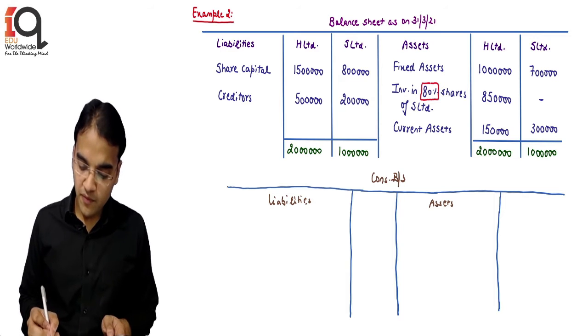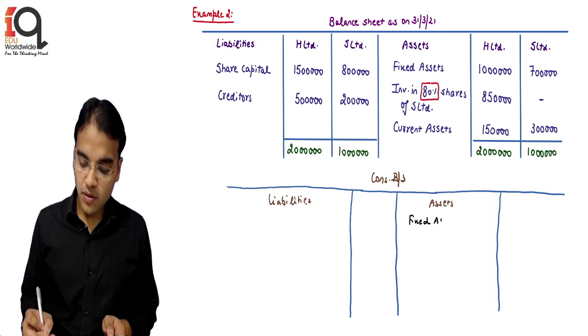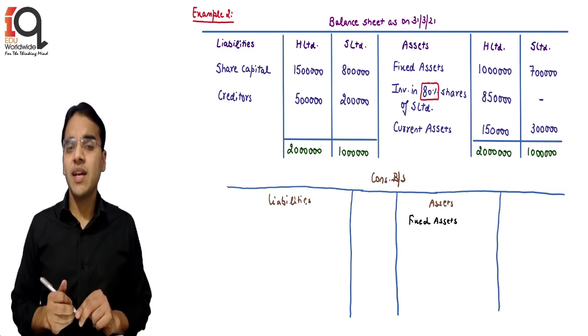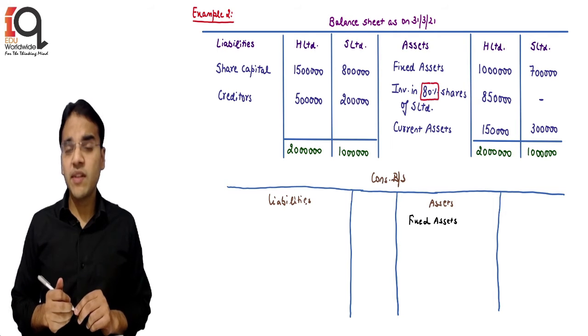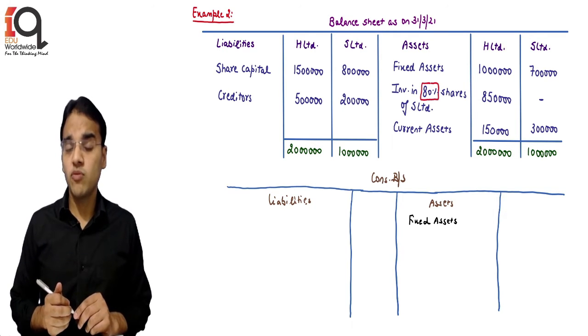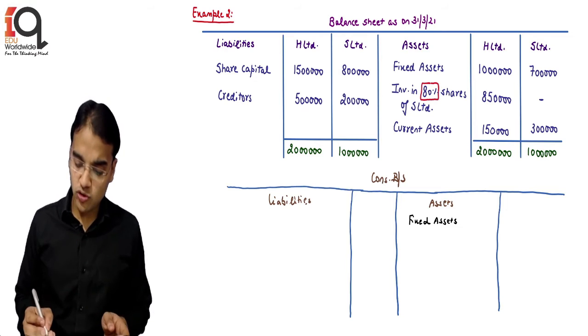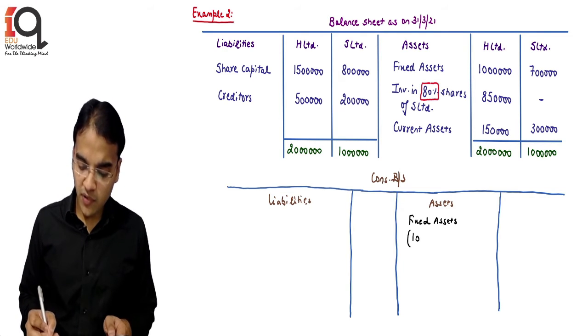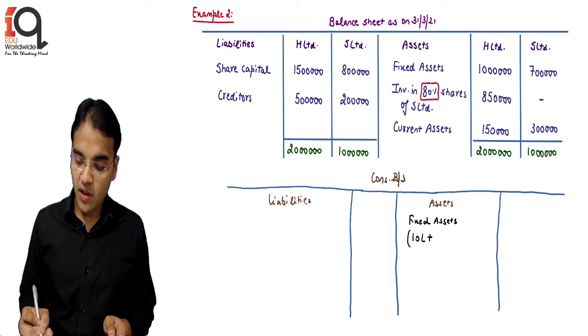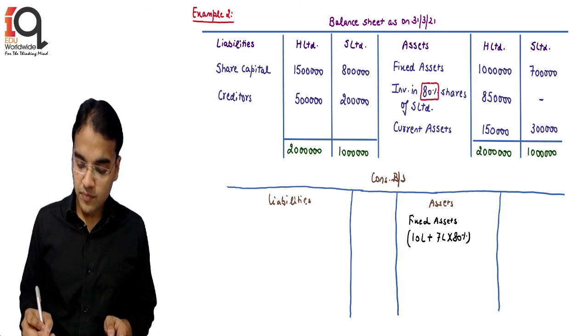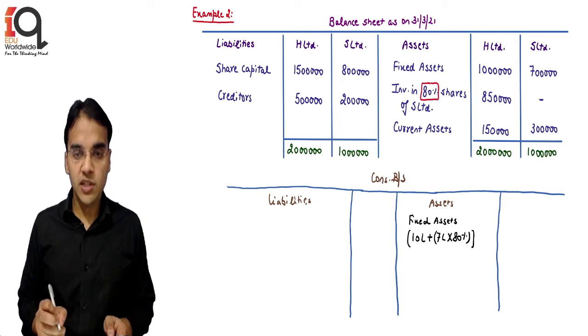So fixed assets, you will obviously say, sir, since we have acquired 80% of the assets, we should put 80% value. That actually means 10 lakh, don't write, just see, plus 7 lakh into 80%. This would be the value.